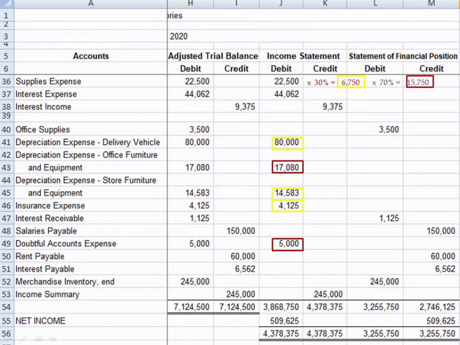Any other amount under the income statement columns of the worksheet? This pertains to income summary, which is representative of this merchandise inventory end for income statement purpose. Hence, this should complete our note number.